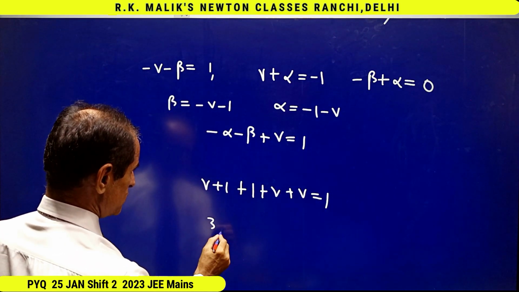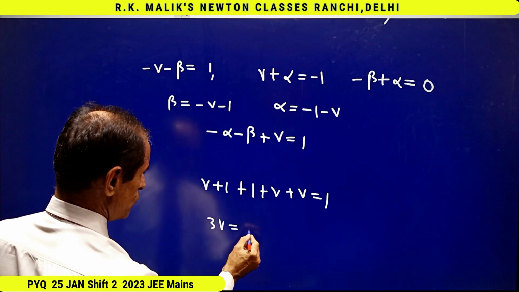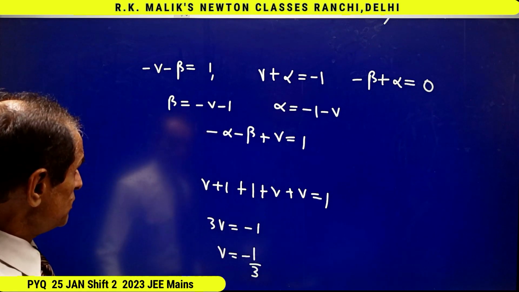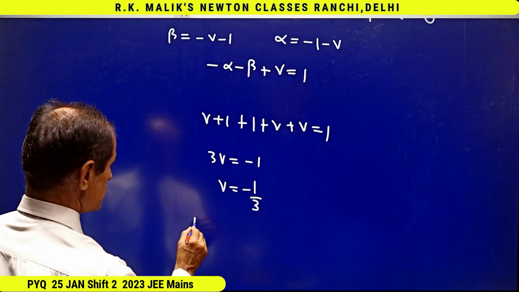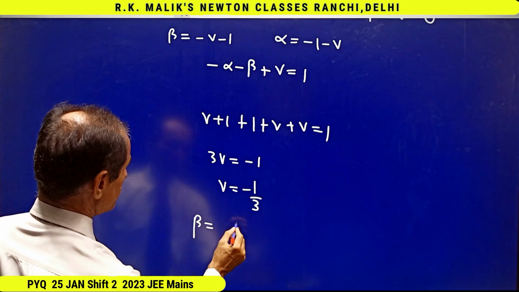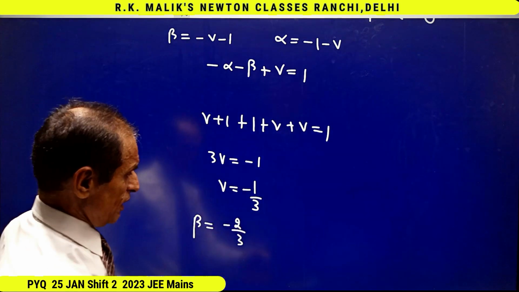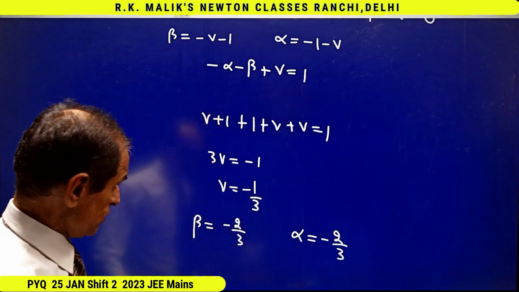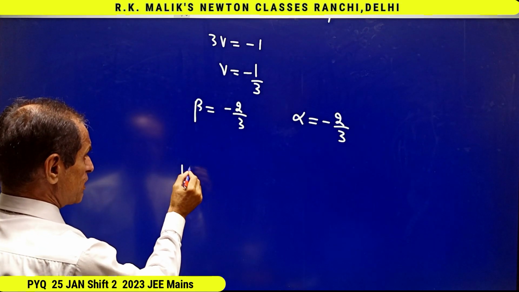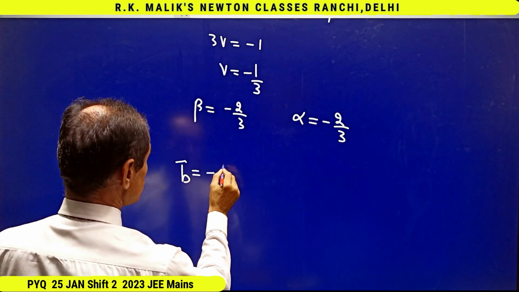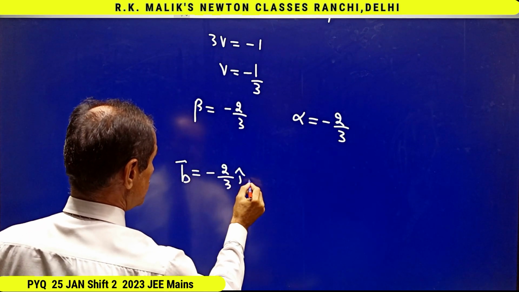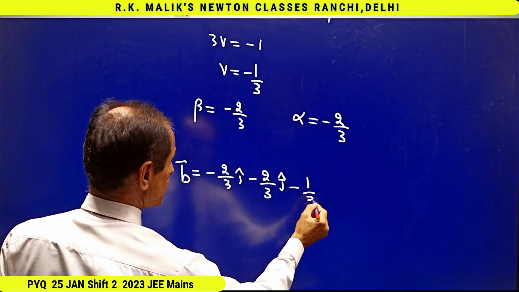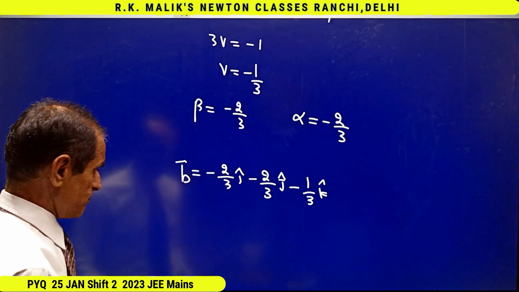That is, I get 3 gamma equal to minus 1, that is gamma equal to minus 1 by 3. Hence, I get beta equal to minus 2 by 3 and alpha also equal to minus 2 by 3. Hence, I conclude that B vector equal to minus 2 by 3 I minus 2 by 3 J minus 1 by 3 K.